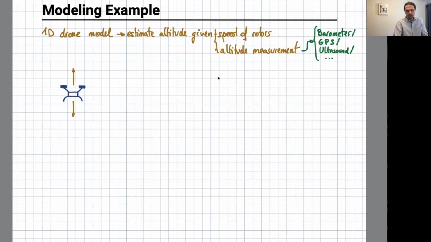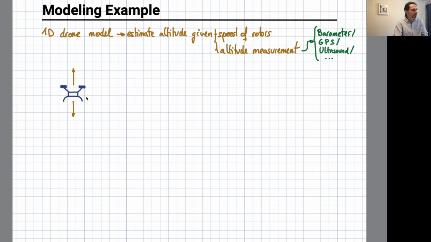The way this framework is put into practice depends on the specific application, and a certain degree of domain knowledge is typically necessary. I will illustrate this in a specific application, but you need to think how you would apply it in your specific area. So let's consider a 1D model for a drone.